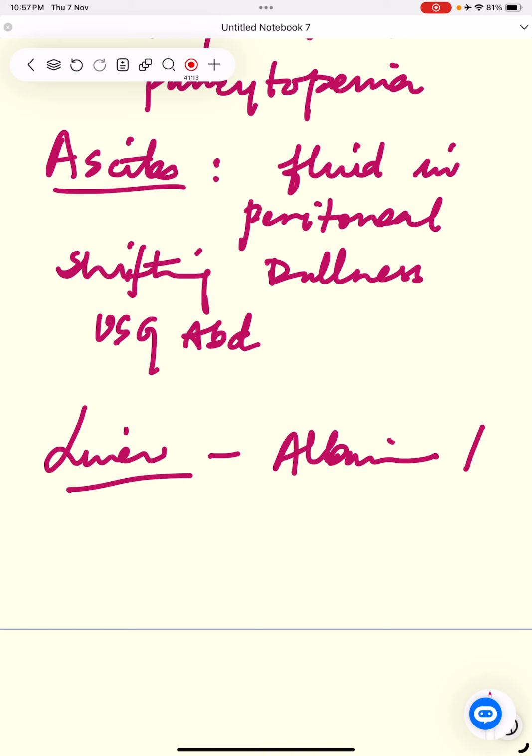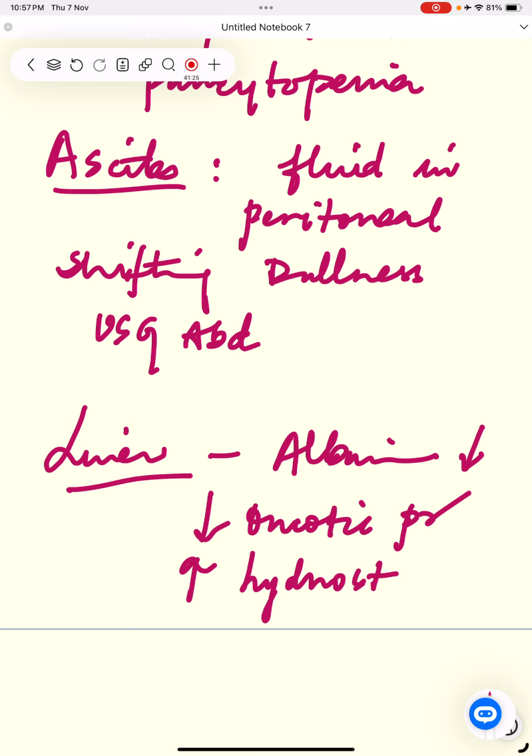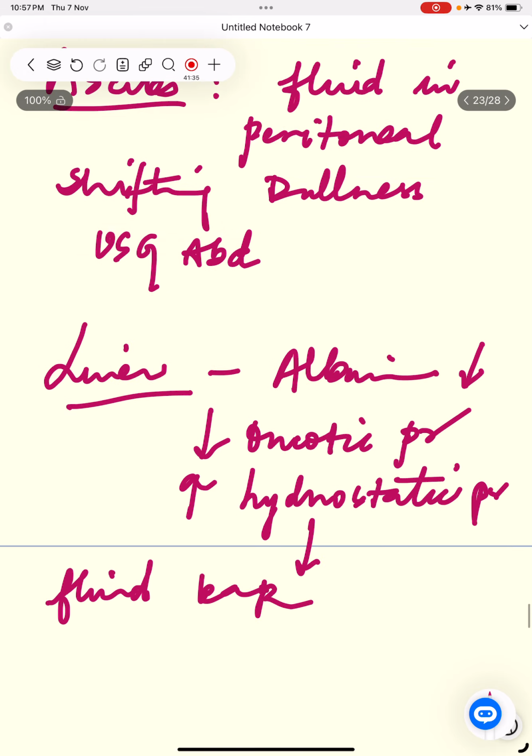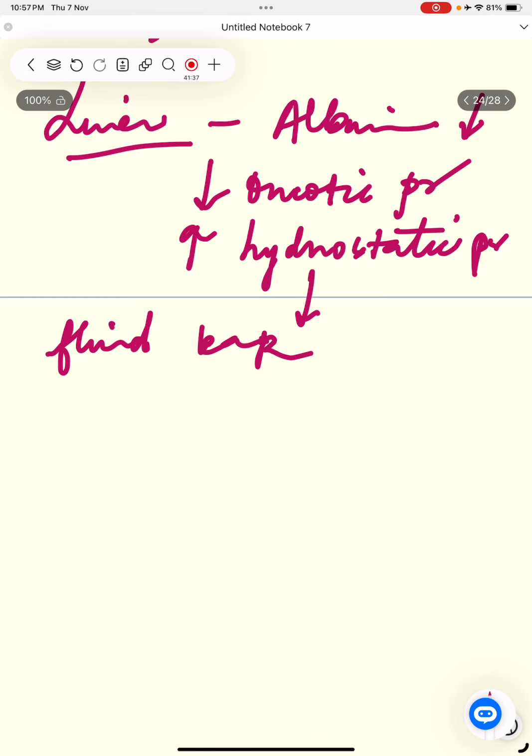When this is less, as a result of this, there will be less oncotic pressure, which raises the hydrostatic pressure, which is why there is fluid leak out of the vessels. That is why ascites is happening.